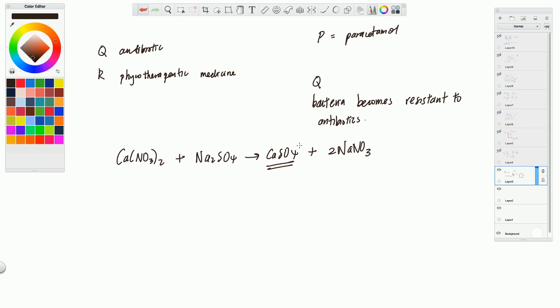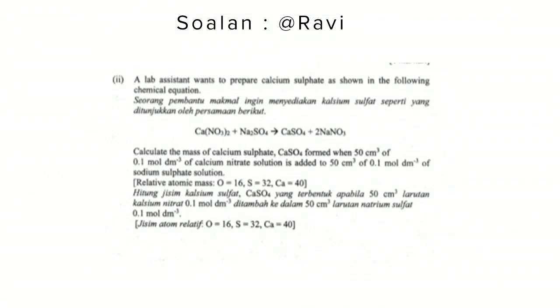when 50 centimeter cube of calcium nitrate, 0.1 mole per decimeter cube, is added to 50 centimeter cube of this, 0.1. Okay? All right, so the first thing you need to do is calculate the amount of moles.